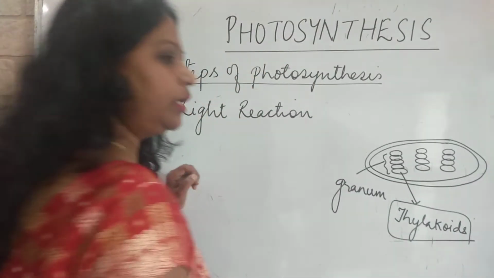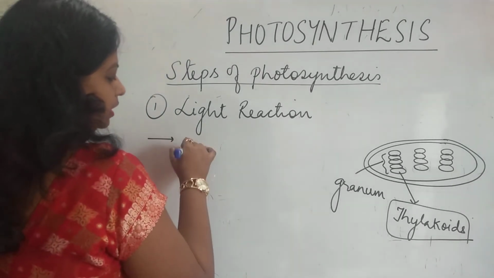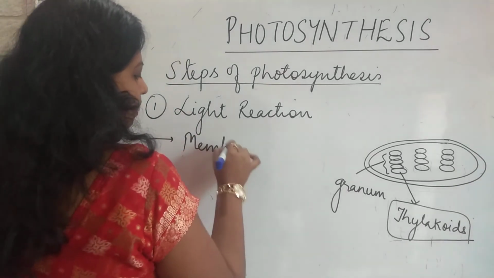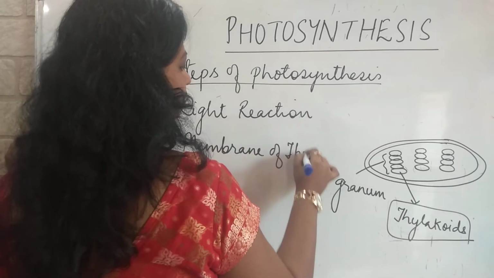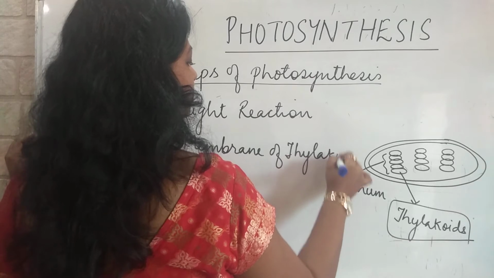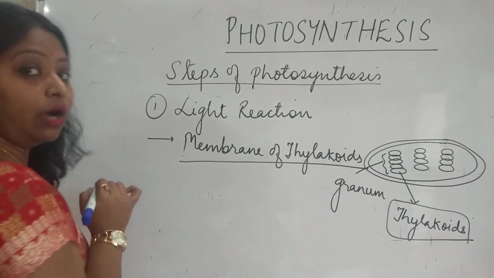In the membrane of thylakoids, light reaction takes place. How does it take place?